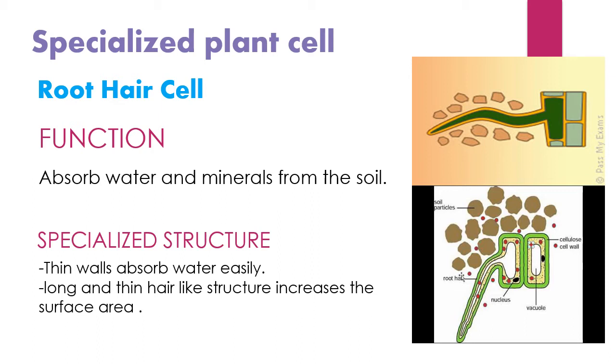Its function: to absorb water and minerals from the soil. It also has a thin wall. Why thin wall? So it can absorb water easily. And it has a long and thin hair-like structure, which increases the surface area also for the same reason, to absorb water easily.